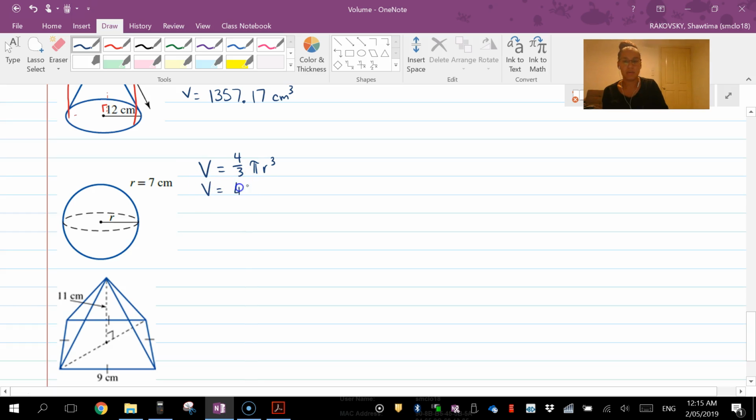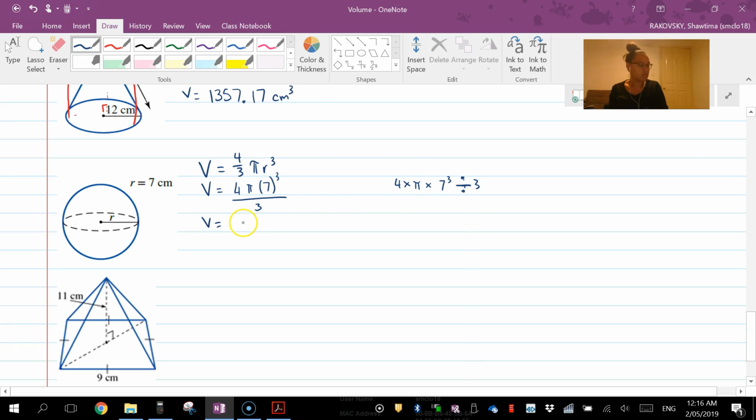I'm going to go 4 pi, our r is 7 cubed, and I'm going to divide by 3, and that way you can put that into your calculator. You can even put that in as 4 times pi times 7 cubed divided by 3. That will give you this answer here as well.